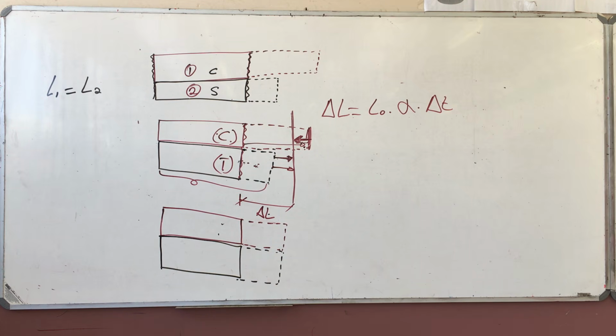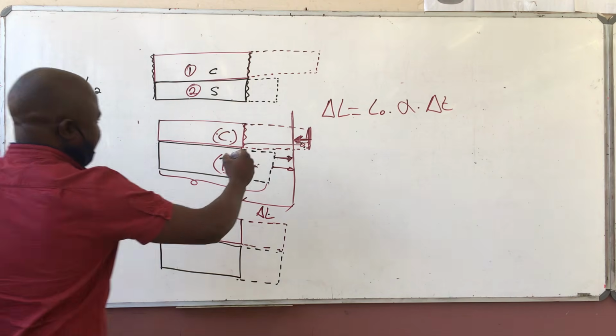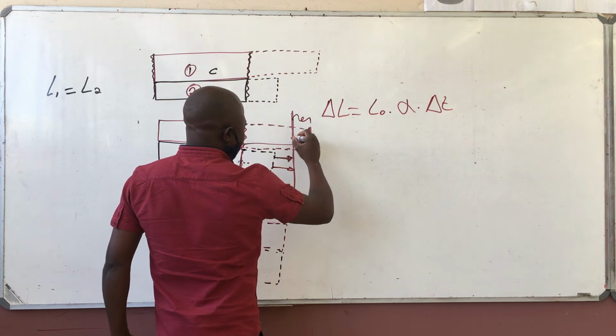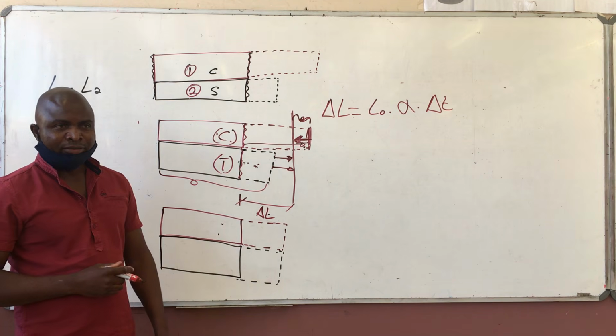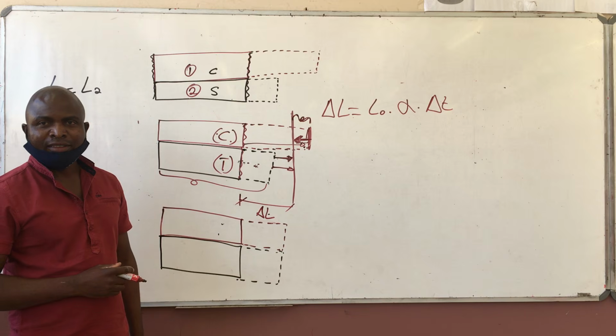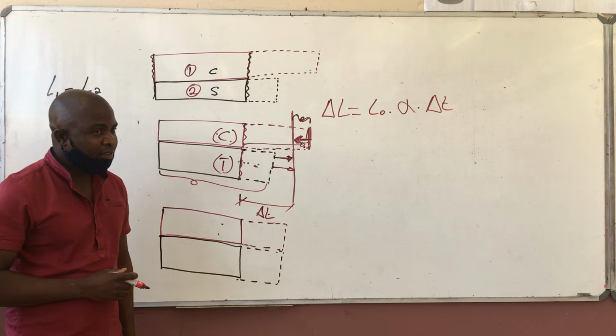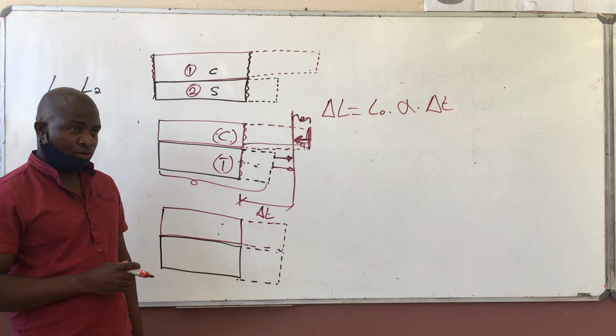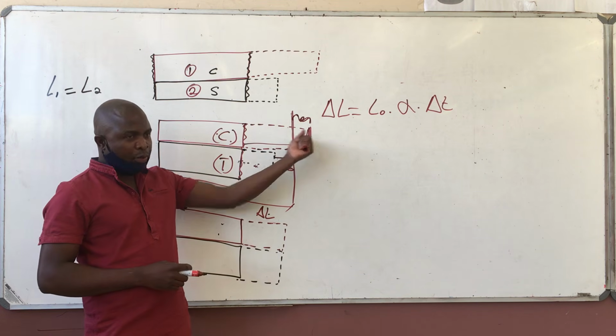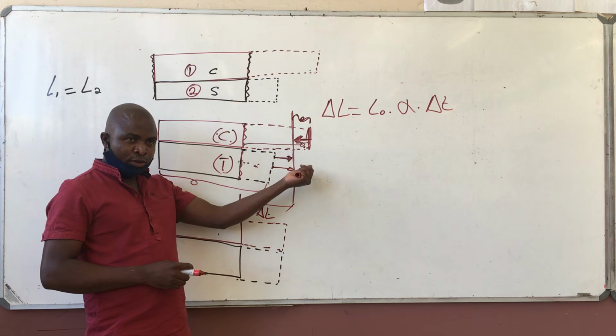What causes this increase in extension or this increase in length? Is it still the temperature? It's what? Stress. It's a force. I think this one is being pulled backward by this one. It's a force.